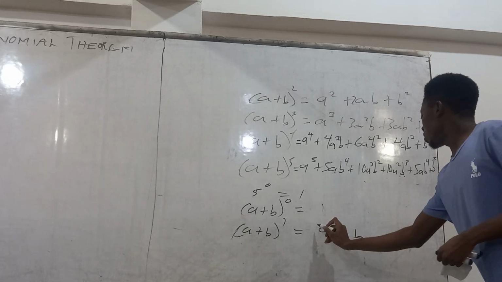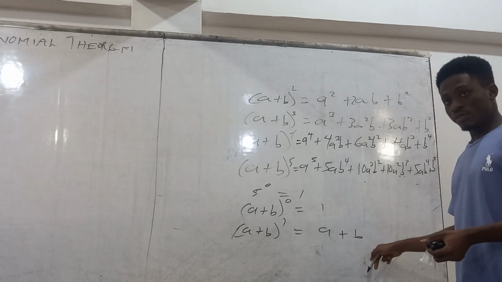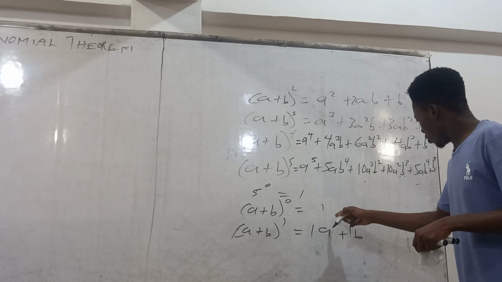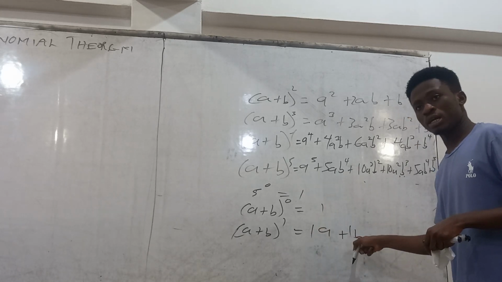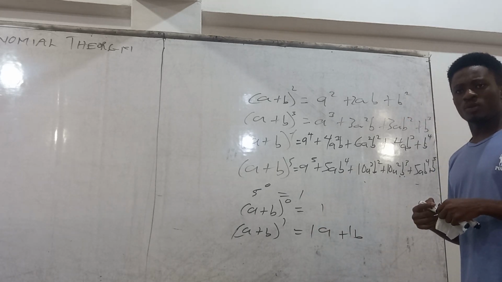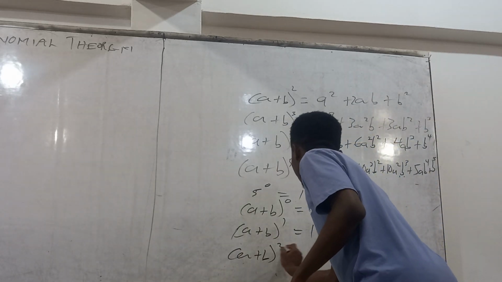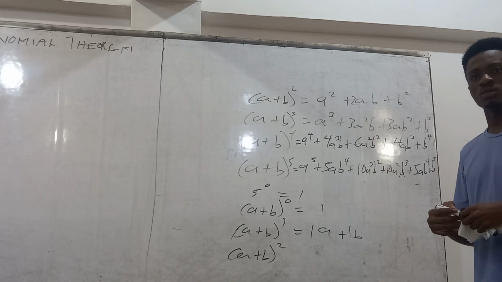And you know A is a variable, B is a variable. So what are their coefficients? 1, 1. So you realize that there was 1 here, there was 1 here.